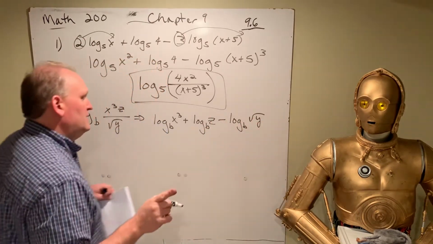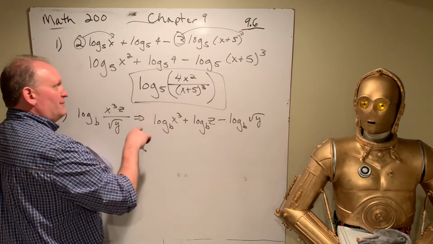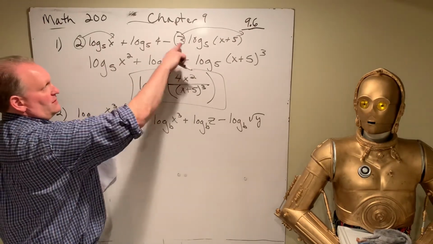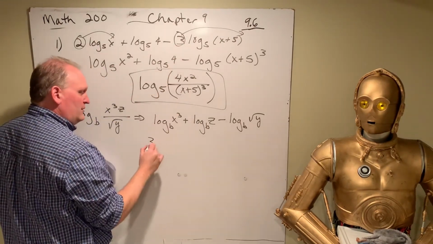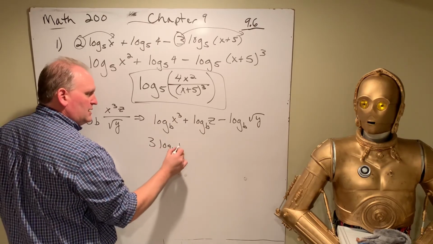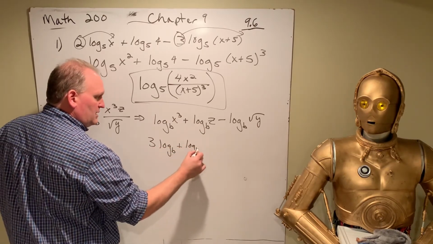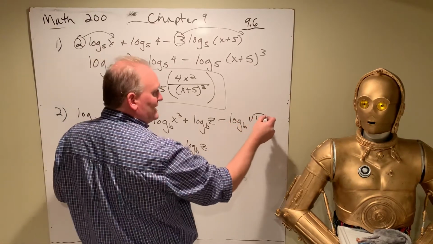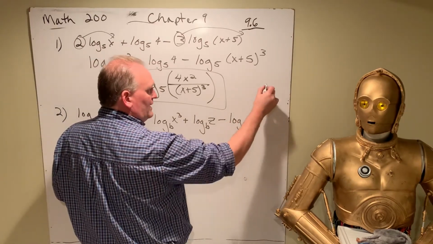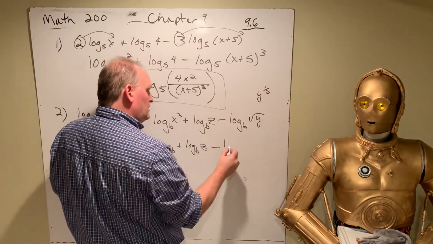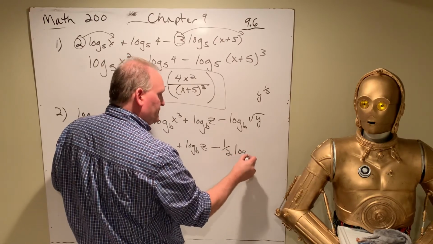Only we're not done, because that 3 can come down, just like the numbers were out front. So we got to pull that 3 down. Log base b of z. And that's really y to the 1/2. So we can pull a 1/2 down.